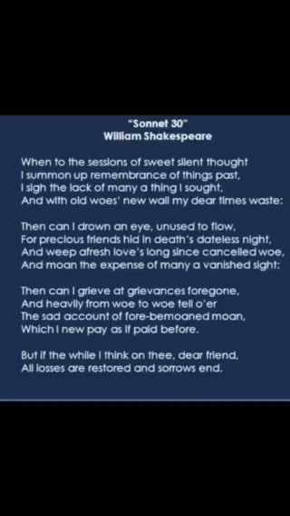Again and again he grieves at all the sorrows that are gone, and heavily from woe to woe tell over. His imagination travels from woe to woe, from one wound to another, from one sorrow to another, and the sad account, the sad history, of my old bemoaned moan.